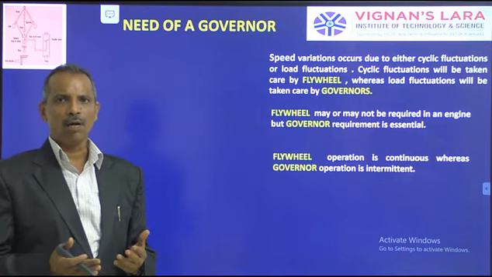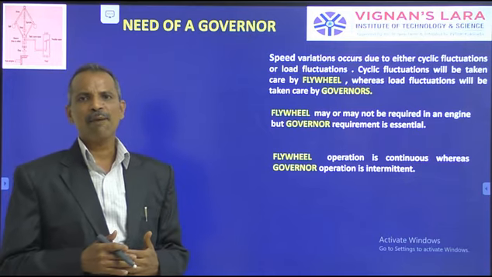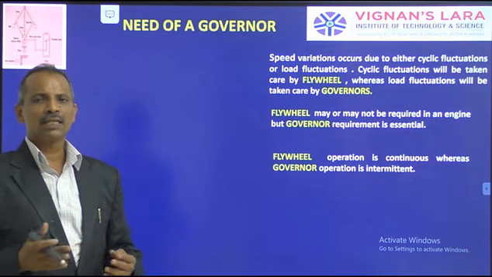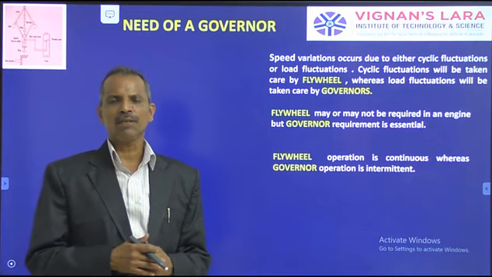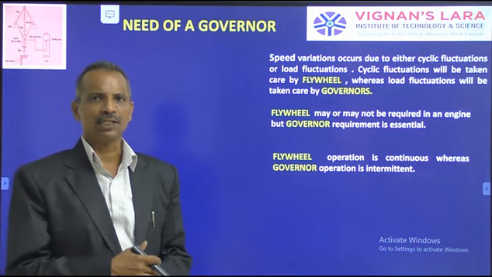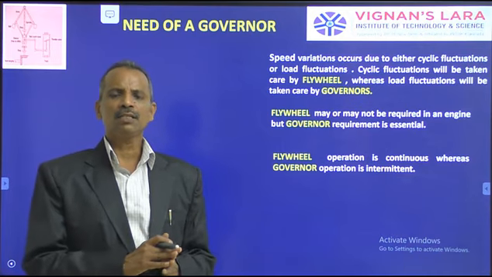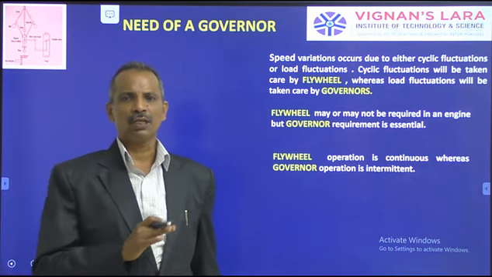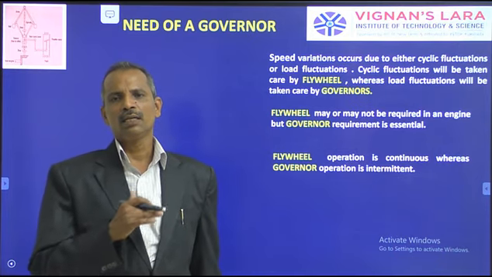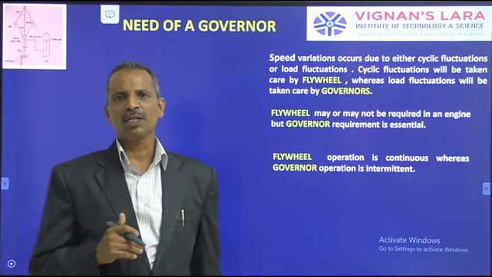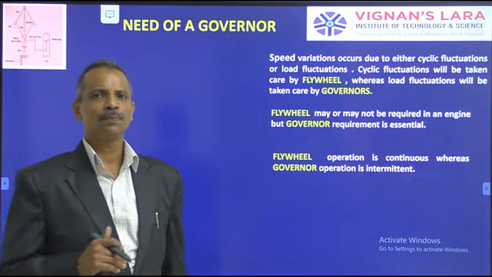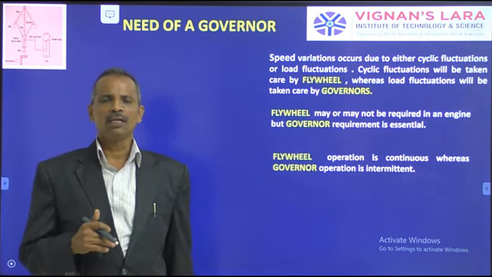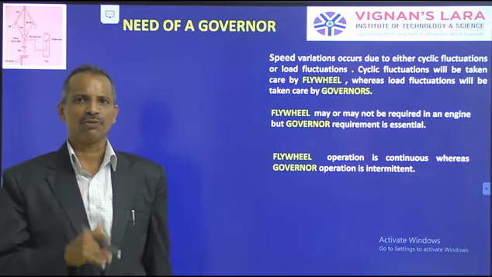So speed drop or speed hike may happen because of the torque fluctuations, that is, cyclic fluctuation causes the speed variation. Those variations will be taken care of by a device called flywheel, and we clearly discussed the flywheel function, and we have seen various problems in applications like punching, riveting and other things, where a flywheel will control your speed variation due to cyclic fluctuations.